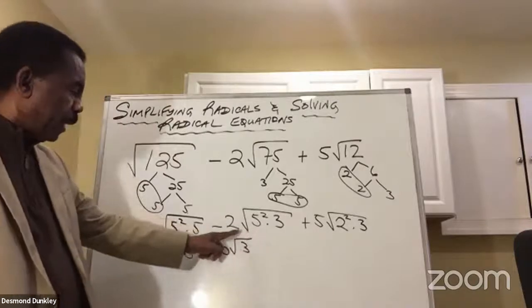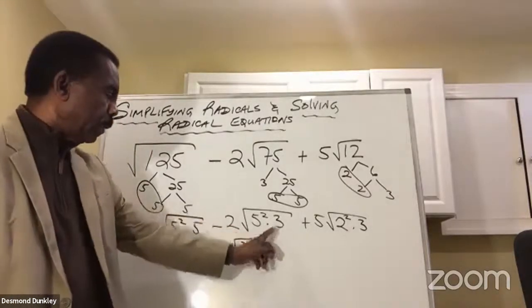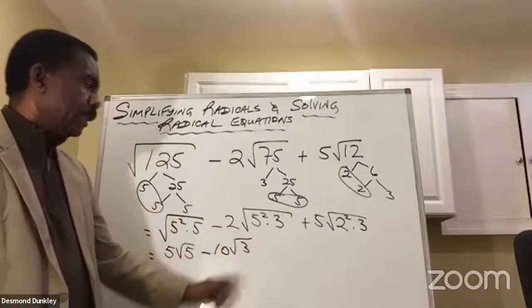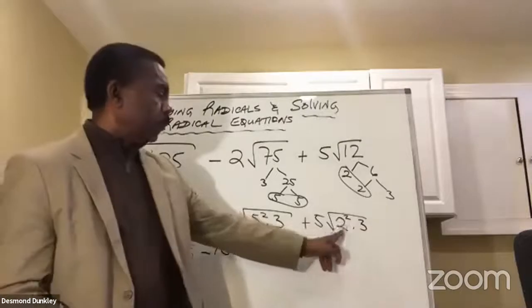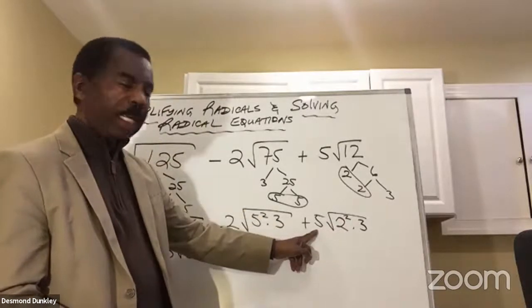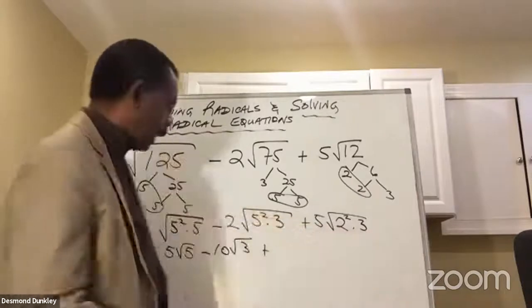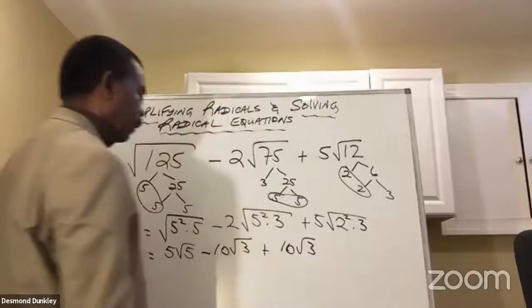When the 5 comes out, it's 5 times 2 gives us 10. Root 3, because the 3 is single, so it stays inside. Plus 2 squared, 2 comes out. 2 times 5 is 10. Root 3 stays inside. So plus 10 root 3.